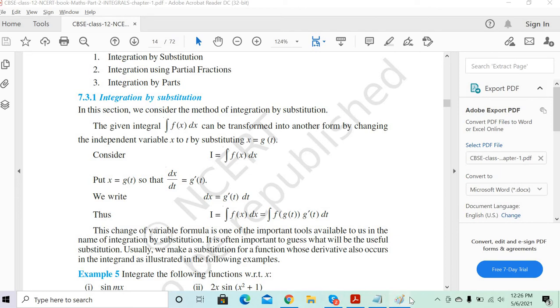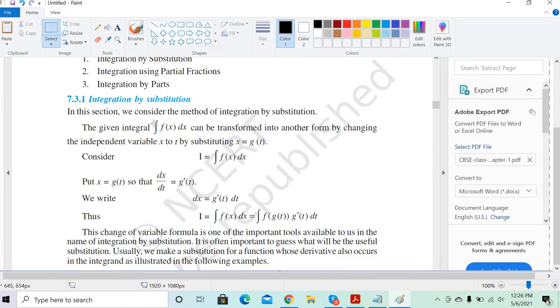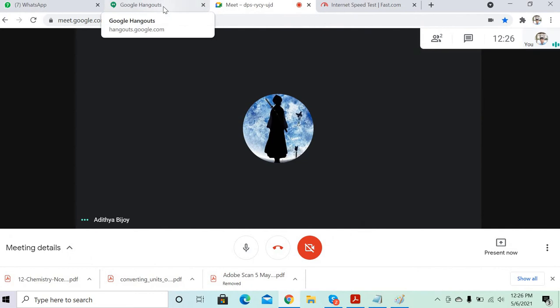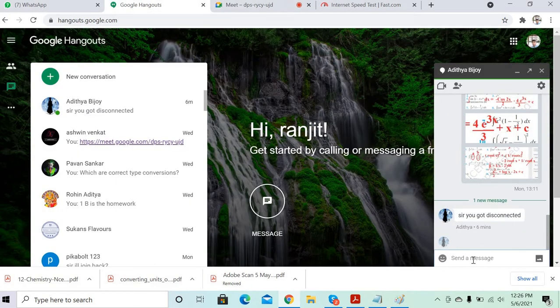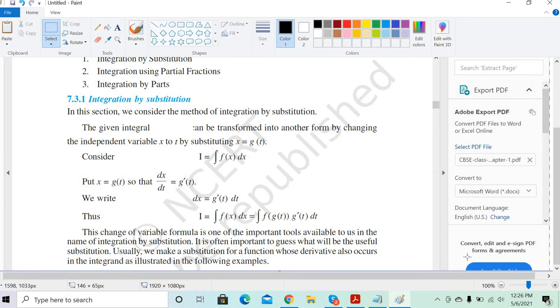What is the meaning here? See, our main thing is the integral of f of x dx, isn't it? Yes, sir. f of x dx. Now we are trying to substitute x in terms of a function g of t.